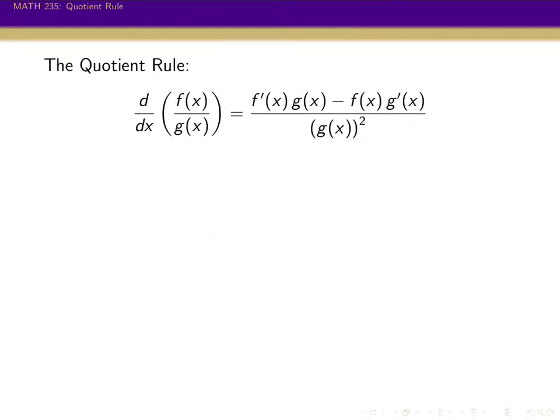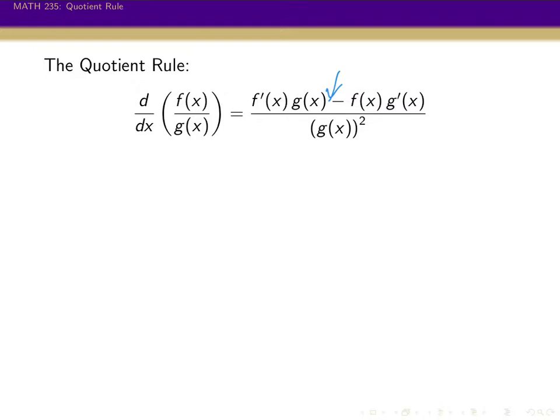Okay, and so here it is again. The derivative of f of x over g of x is equal to the derivative of the top times the bottom minus the top times the derivative of the bottom, all divided by g of x squared. And so the important thing to remember in this quotient rule is that it has a negative sign, a subtraction between these terms, and that g prime is getting subtracted away.